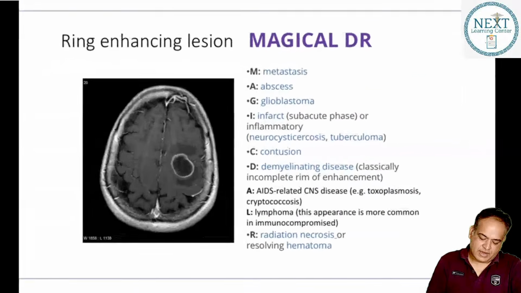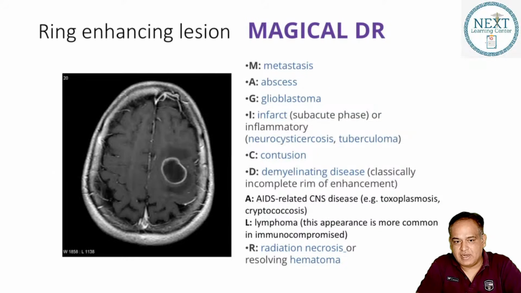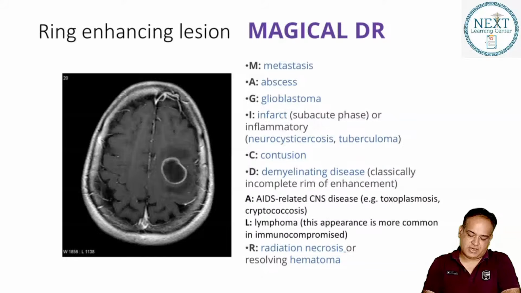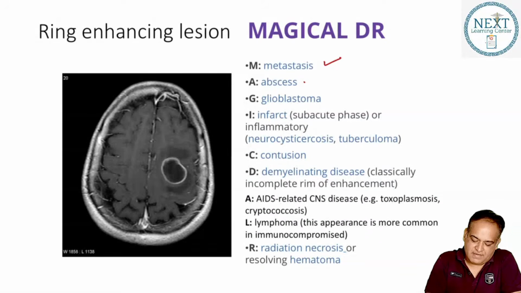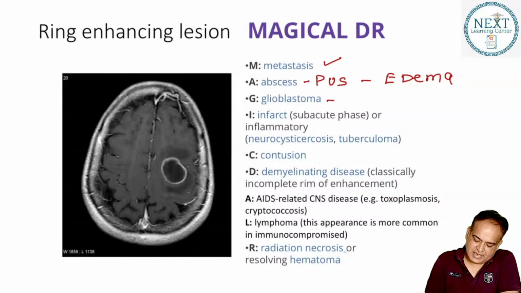Now, ring enhancing lesion. There is a mnemonic, Magical Doctor, for ring enhancing lesion. M for metastatic, A for abscess. So, why ring? There will be pus surrounded by edema, right? Glioblastoma, very aggressive tumor. Infarct, and then inflammation.